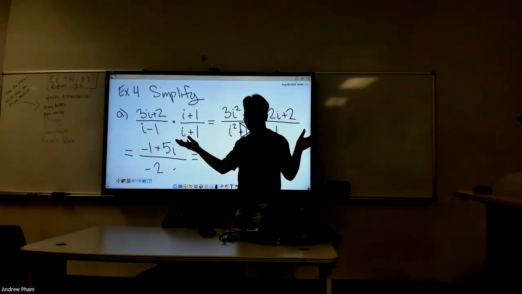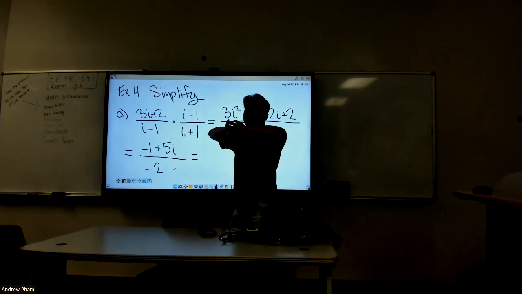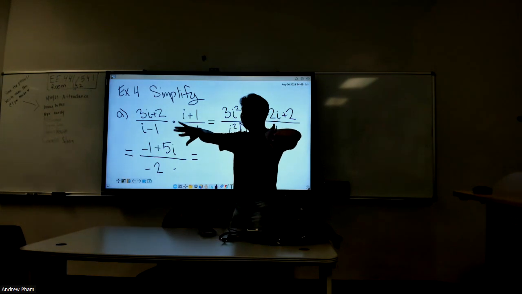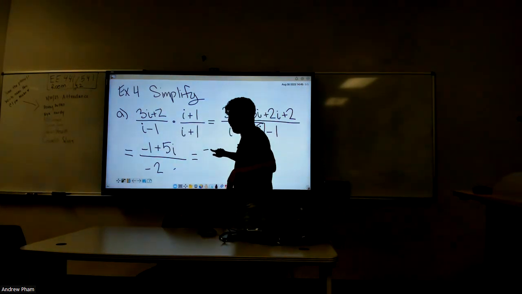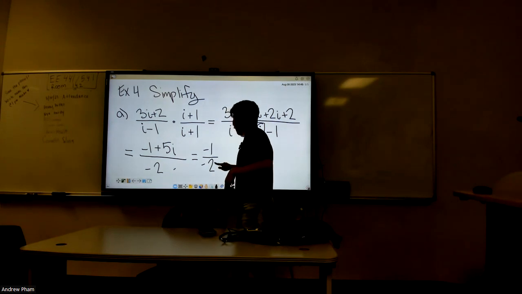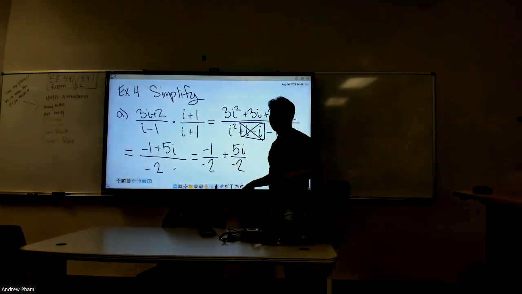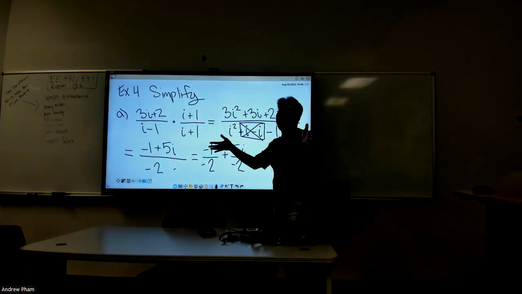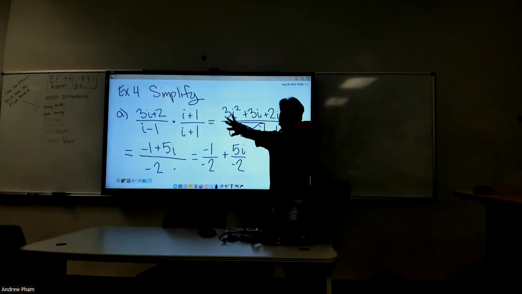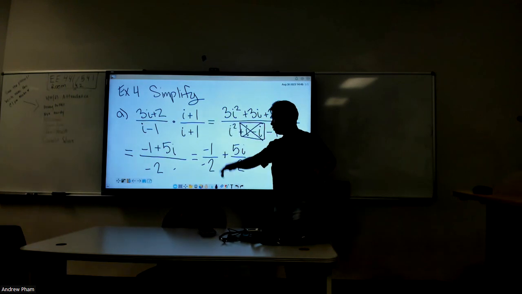I'm going to do the opposite of combining a fraction. I'm going to split this into two fractions: -1 over -2 plus 5i over -2. This is kind of like the opposite of getting a common denominator and putting them together. I can always split them apart as well.